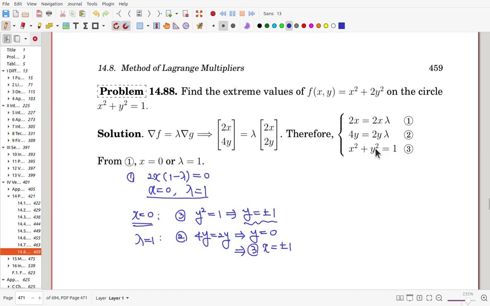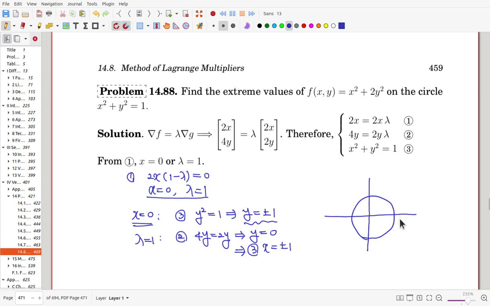Right? Y equals 0, then x squared is 1, so x must be plus minus 1. So we found 4 points: when x equals 0, y is plus minus 1, and when y equals 0, x is plus minus 1. Okay, so let's try to visualize the points and find the function value.